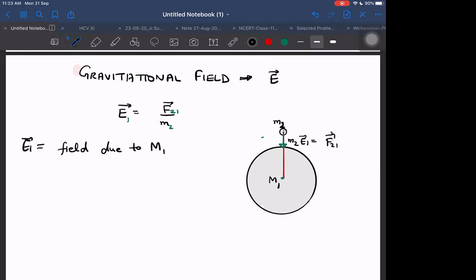Field due to M1 at P. What is point P here? Point P is where M2 is placed.